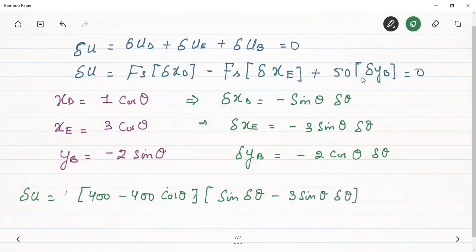And we are left with this 50, that is plus 50 into delta yB, that will be equal to only the magnitude, 2 cos theta delta theta. So this has to be 0.